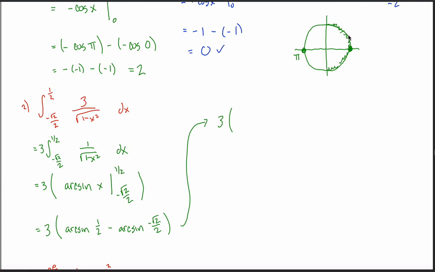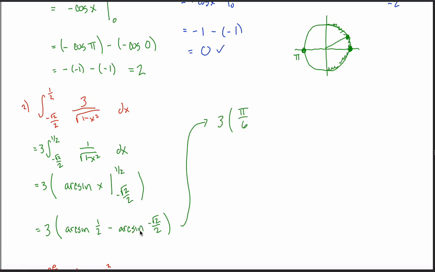Well, positive 1/2 is talking about this point right here. And you may remember that this point corresponds with a 30-degree angle. Although what you'll see is anytime we're dealing with inverse trig functions, we're going to deal in radians instead of degrees. So instead of calling this a 30-degree angle, I'm going to call it pi over 6.